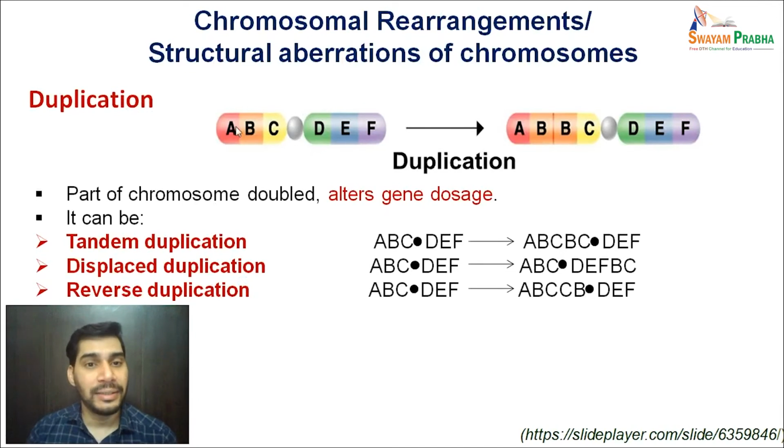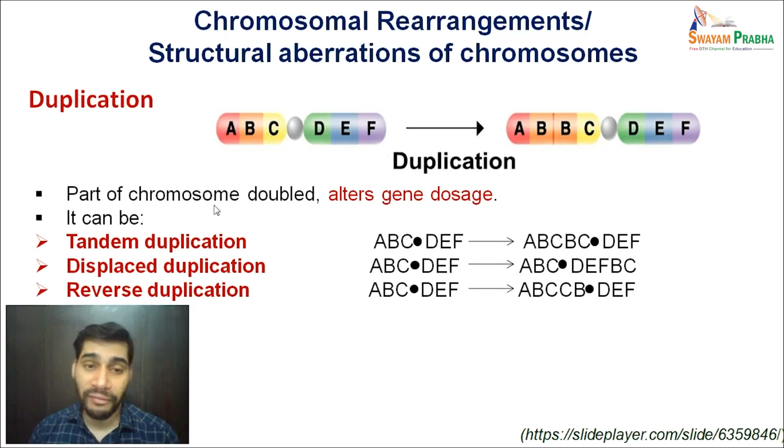Let us assume that this is one chromosome and this is the centromere. So this is the P and Q arm, you can assume here. What we mean by duplication is that a part of it has duplicated. So here the B in itself has duplicated. So there is an additional segment B here which you can see.